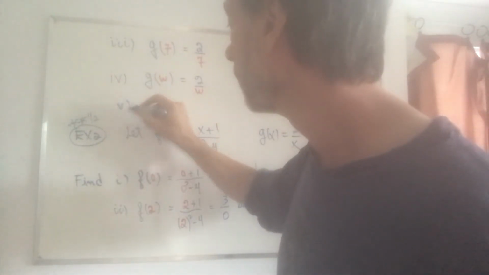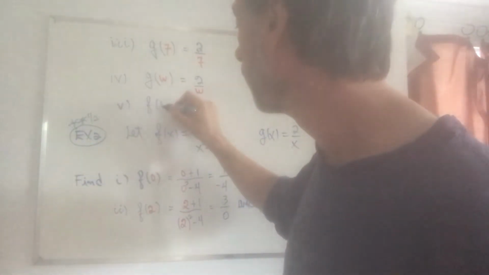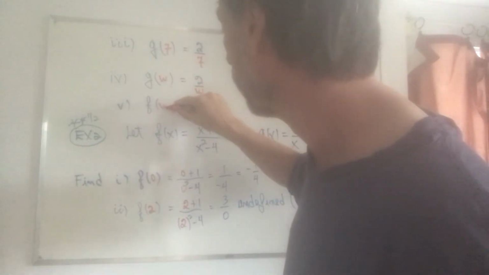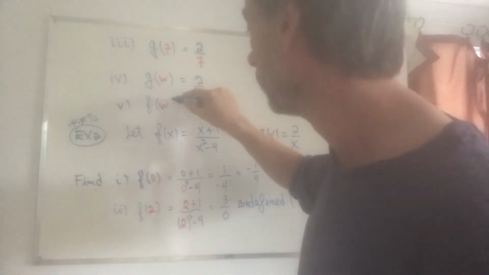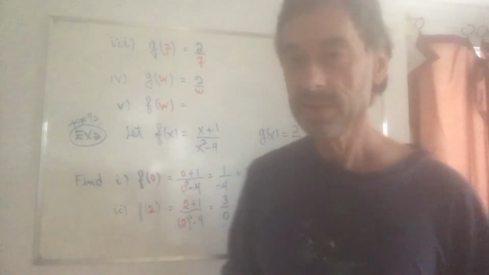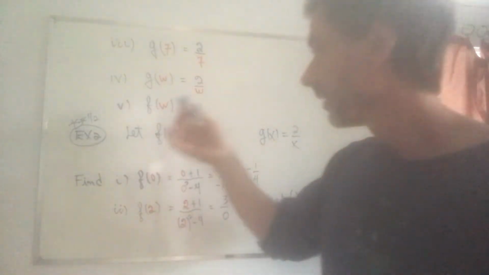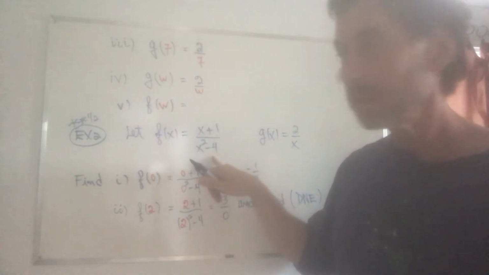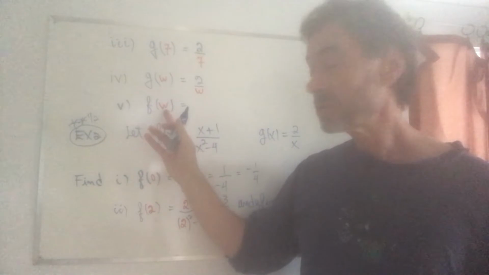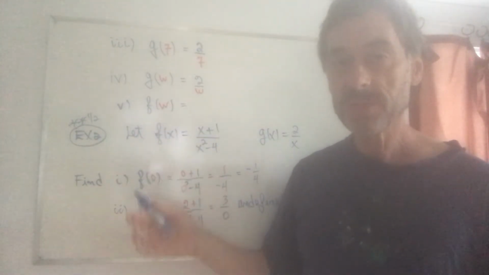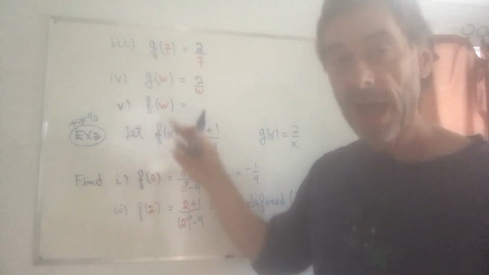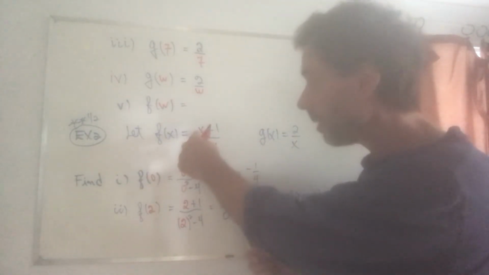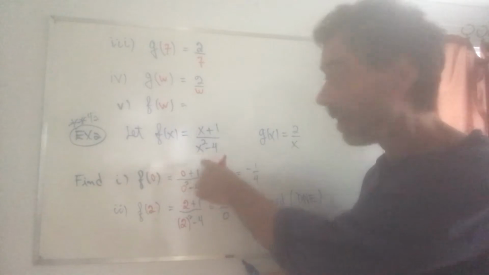One last. What about f of w? Believe it or not, this is calculus related. What's f of w? Well, f of x is x plus 1 over x squared minus 4. We want to replace a number or a letter, same strategy. We need to replace the x with w. So in here, this x becomes w, and down there, this x becomes w.